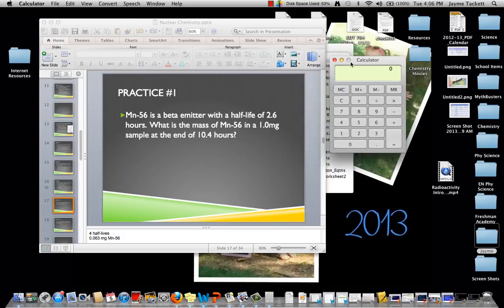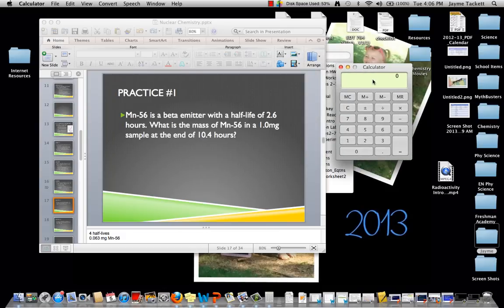Okay, so we've already figured out that we've gone through 4 half-lives, and again we did this by going 10.4 divided by 2.6, so we got a total of 4 half-lives. So now that's how many times our 1 milligram sample has been halved.